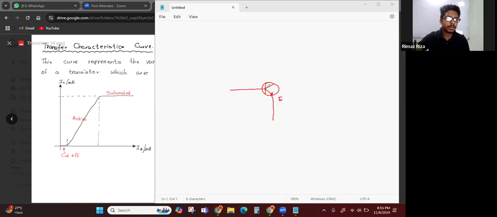So this is the emitter, and the base. Let's say I want to measure the current, so I use a microammeter. This PN junction has to be forward biased, and this other junction should be reverse biased. So this is the NPN.